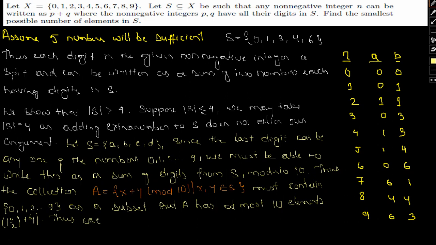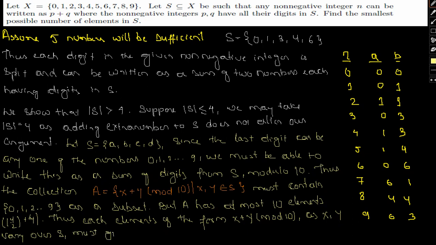Thus each element of the form x plus y mod 10, as x, y vary over S, must give different numbers from 0, 1, 2, ... 9. Okay, so let's continue our discussion further.